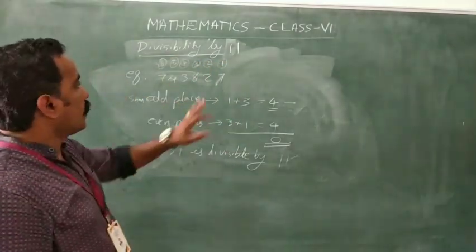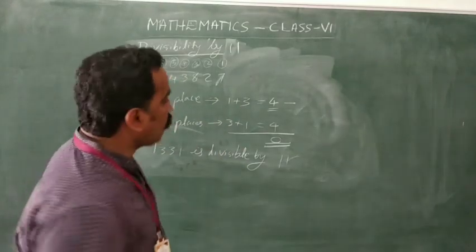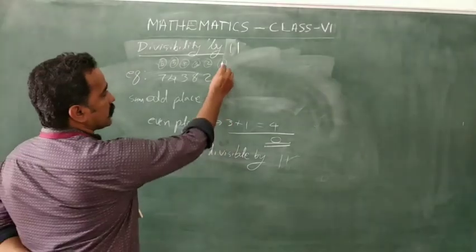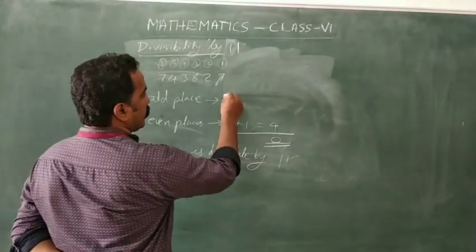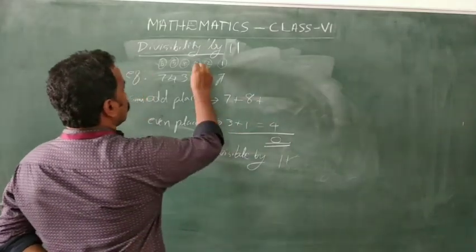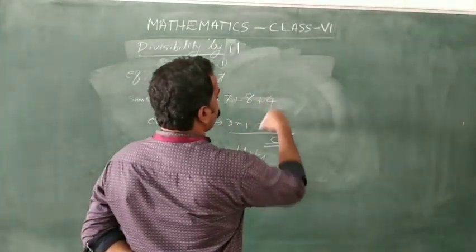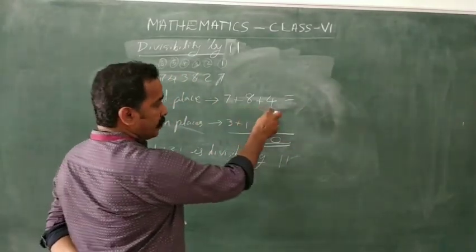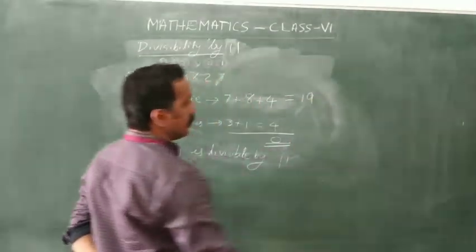What are the numbers in the odd places? First place 7, third place 8, fifth place 4. Add all this: 7 plus 8 is 15, plus 4 is 19.